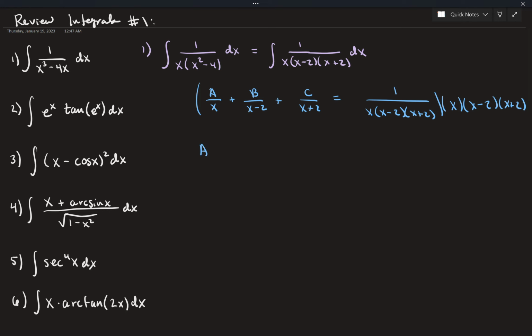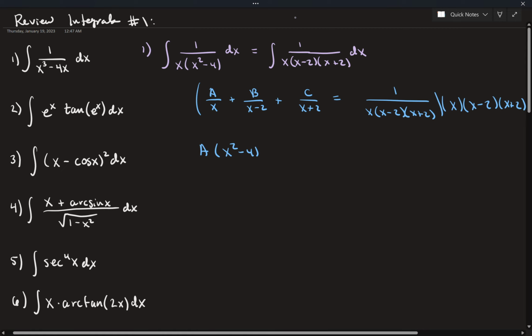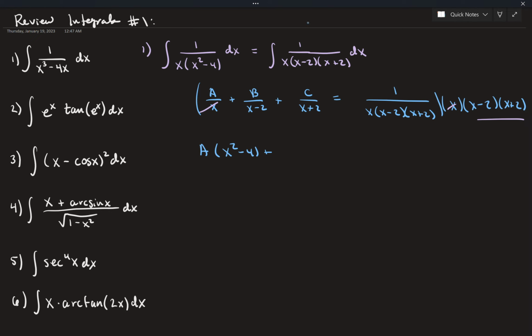And I get A times x squared minus 4, because the x's cancel out and I'm left with these two, plus B times x plus 2, C times x minus 2, and that's 1.